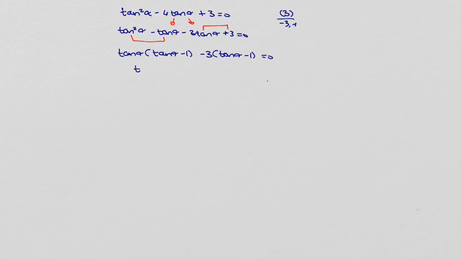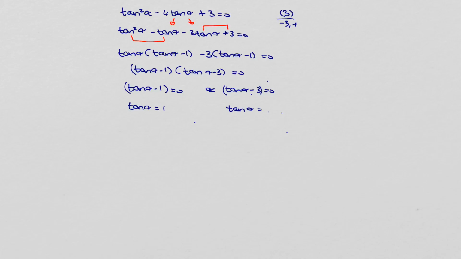We then have tan alpha minus 1 is common, so highest common factor each time, leaving us with tan alpha minus 3 equals 0. So if 2 factors multiply to give us 0, that means that one of the factors must be 0 or both must be equal to 0. And therefore that allows us then to get tan alpha on its own. So tan alpha equals 1 or tan alpha equals 3.